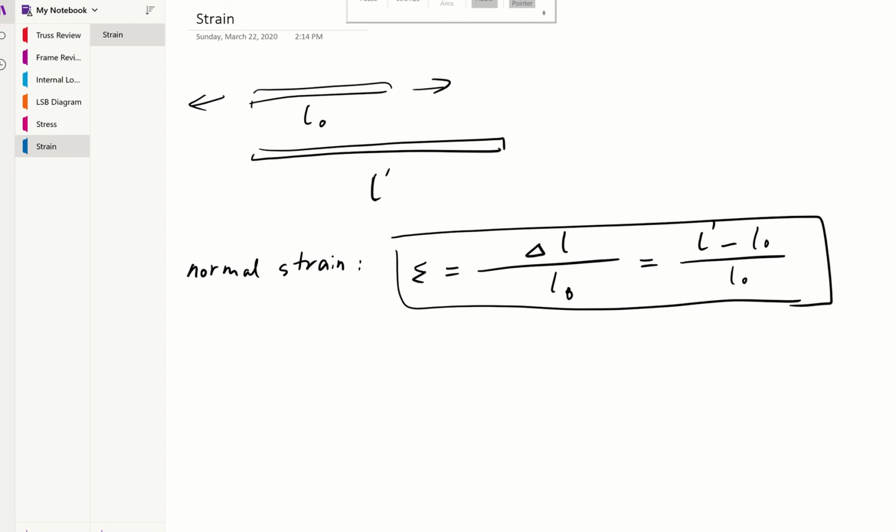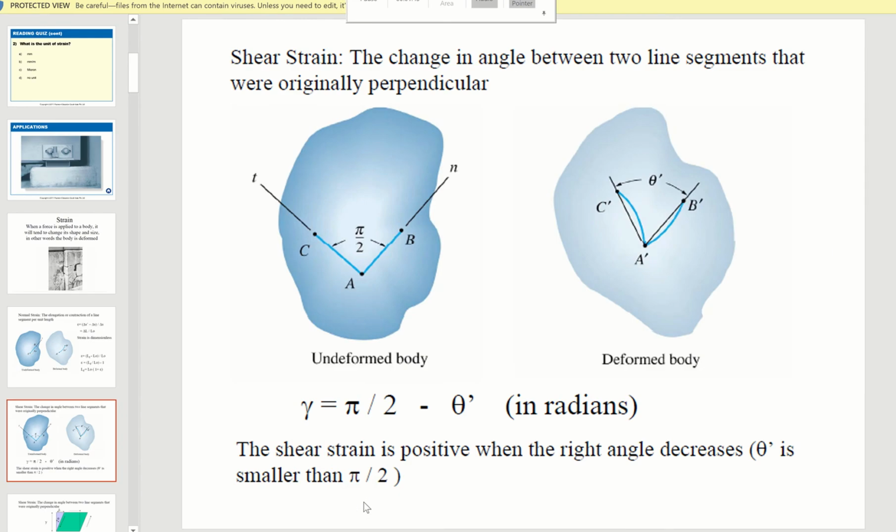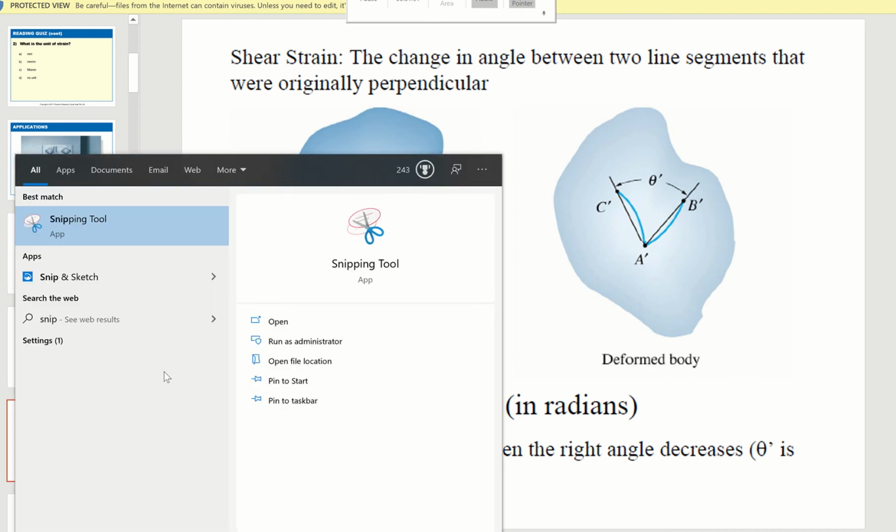However, shear strain is a little bit harder to define, so I will invite you to look at this PowerPoint right here. What I can do is snip it.